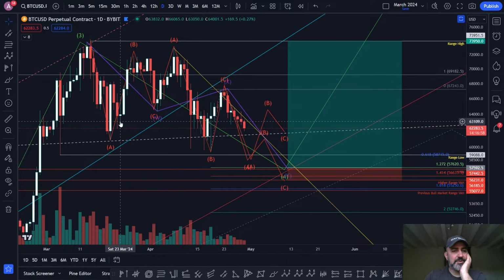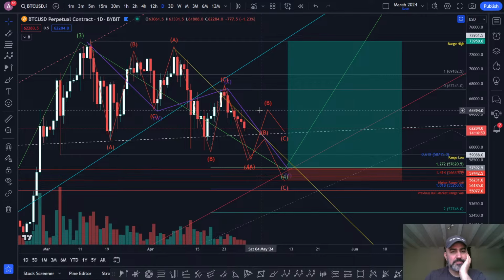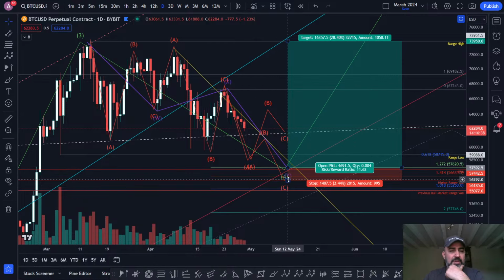which is from top to bottom, bottom to top, top to bottom, bottom to top, top to bottom, bottom to top, top to bottom, bottom to top, top to bottom. So I'm expecting another bottom to top to bottom. One more kind of corrective ABC to get to where we're going.